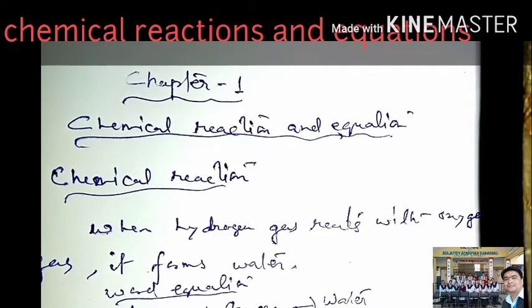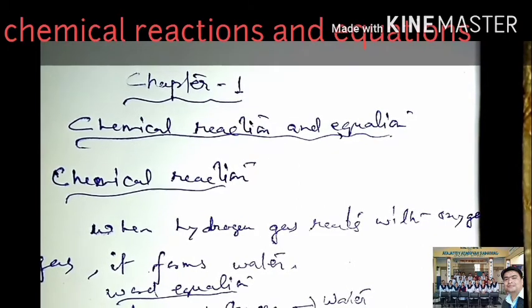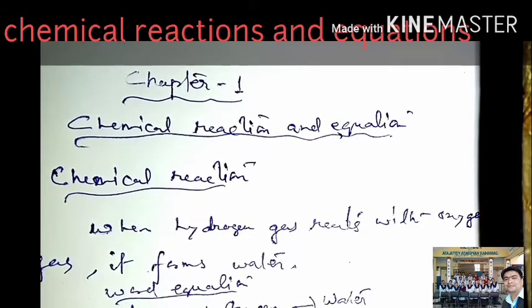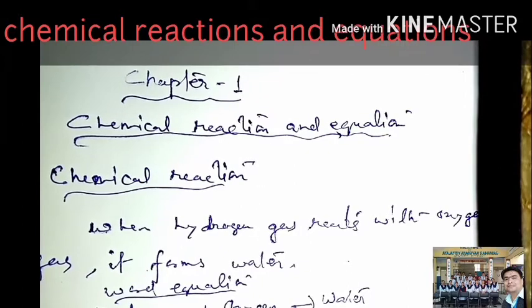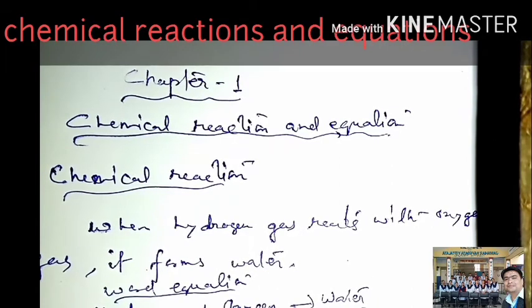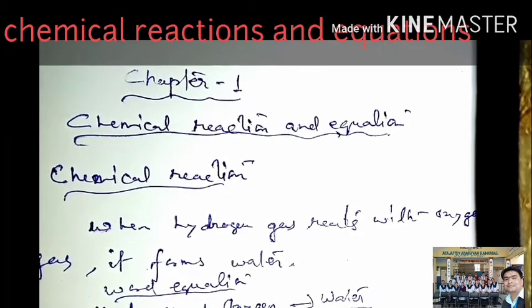Why? If we look at the left hand side and the right hand side. Whatever we have represented on the left hand side of the arrow mark are called the reactants, and the right hand side is called the product. In this equation, the reactants are hydrogen and oxygen, and the product is H2O.